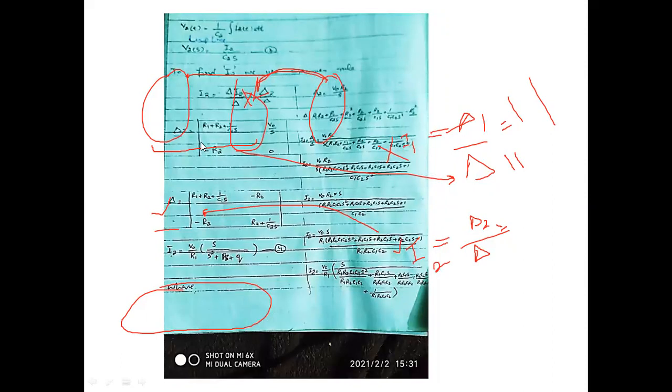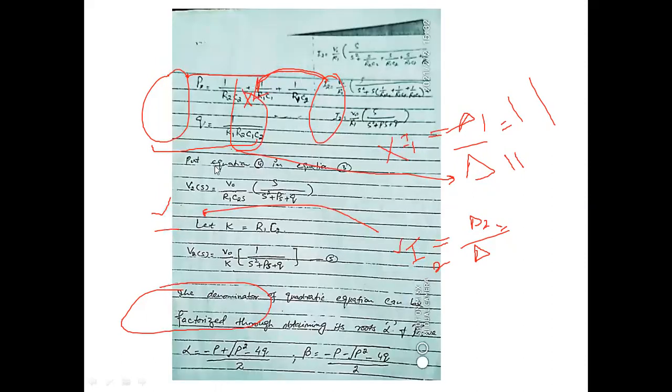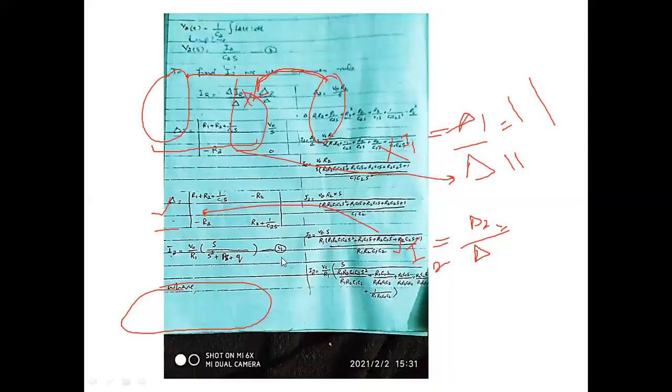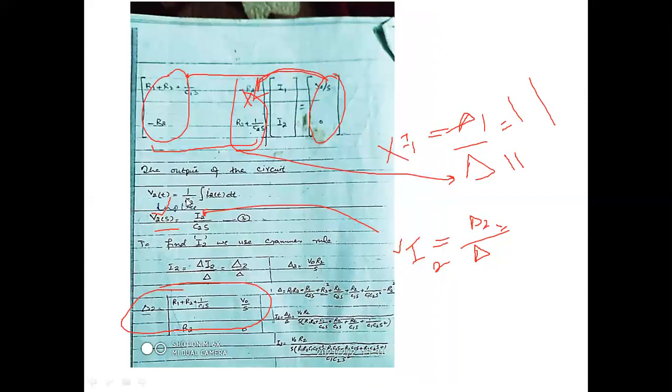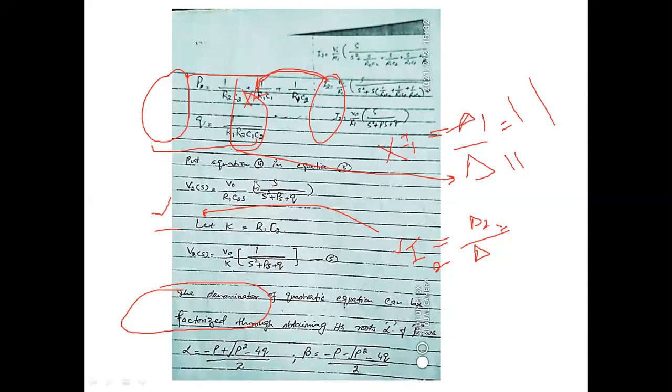So we get V naught over R1 times s over s square plus ps plus q. This is I2. Put this I2 in equation number 3 to get V2. So V2 will be equal to V naught over R1 C2 times s over s square plus ps plus q.